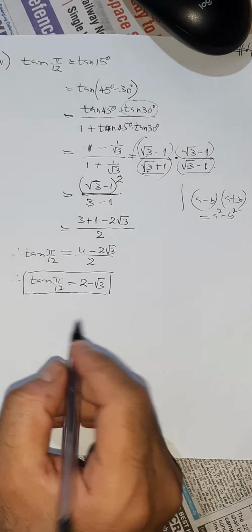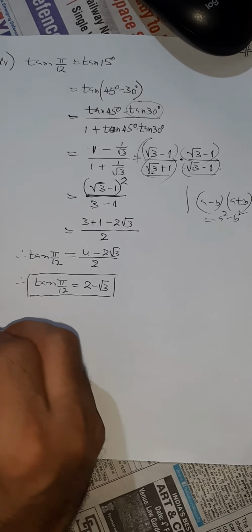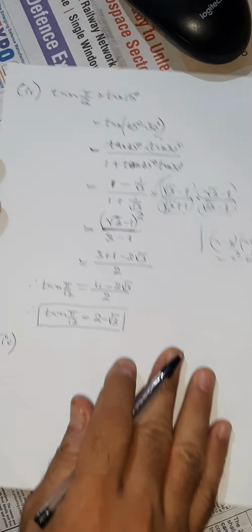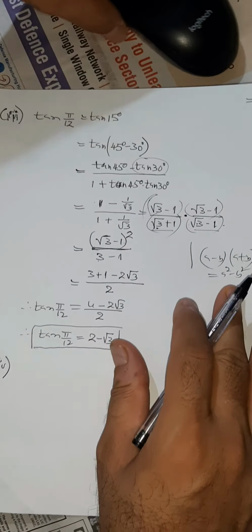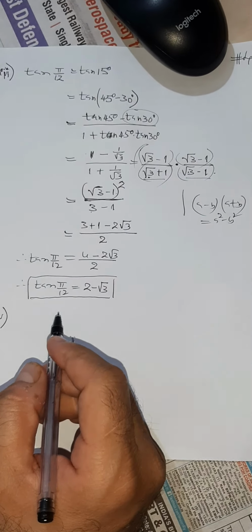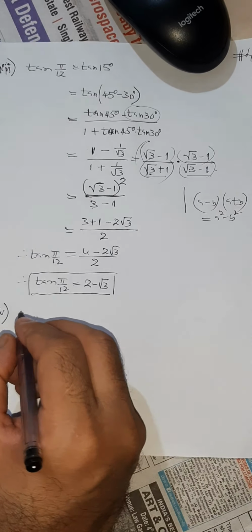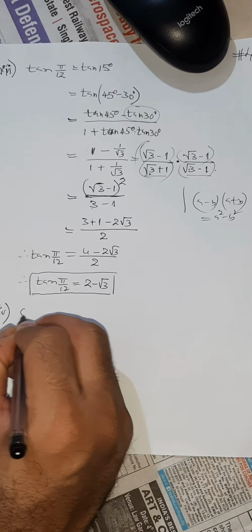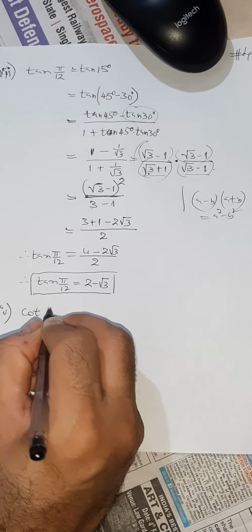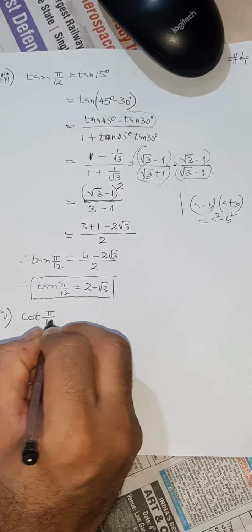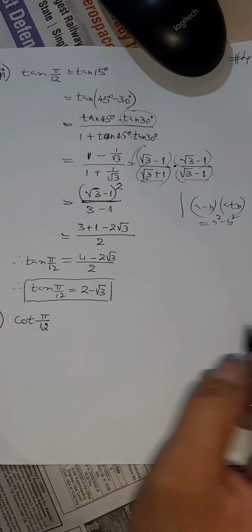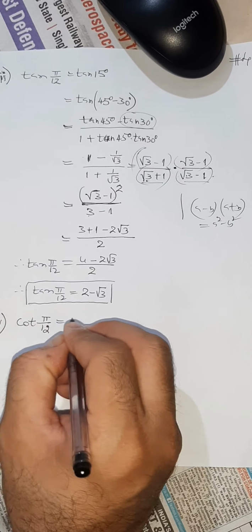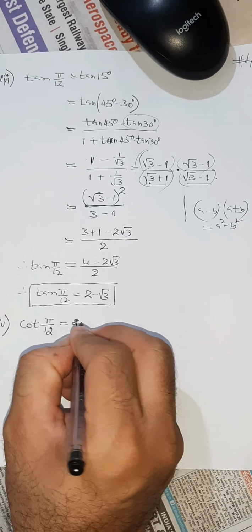Same way you can try for the fourth one. Sorry, this was the third one. Now here this is the fourth one. The fourth one is the value of cot pi by 12. So same way you can just expand it, and it would be just 2 plus root 3.